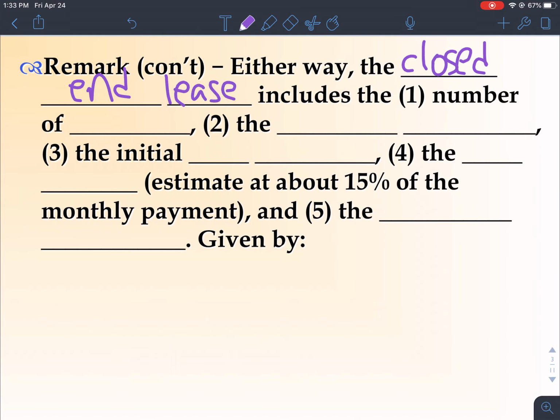Paying for that includes the number of months, it's a set term, the monthly payment, the initial down payment.